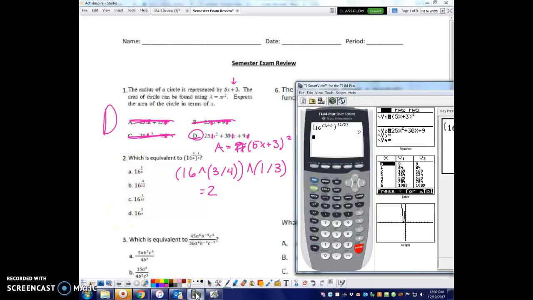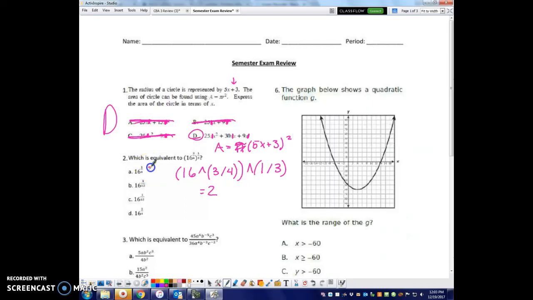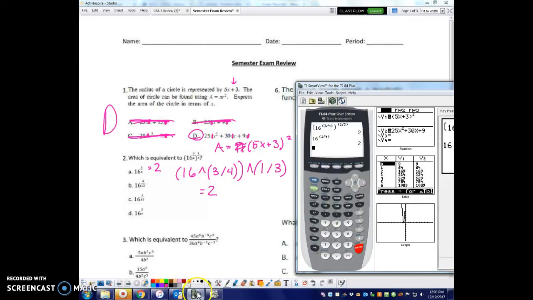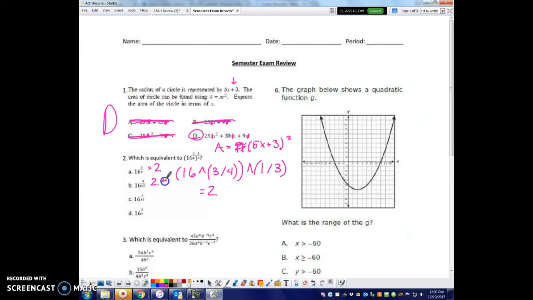Okay, so answer choice A was 16 to the power of 1/4. So 16 caret parentheses 1 divided by 4. Enter. 2. We're still going to type in the rest. 16 to the power of 4/12. 2.5.